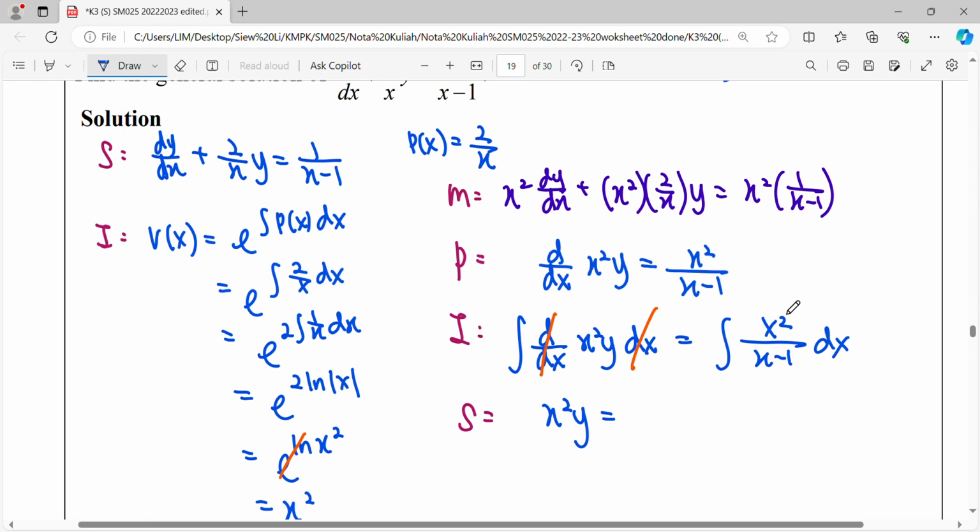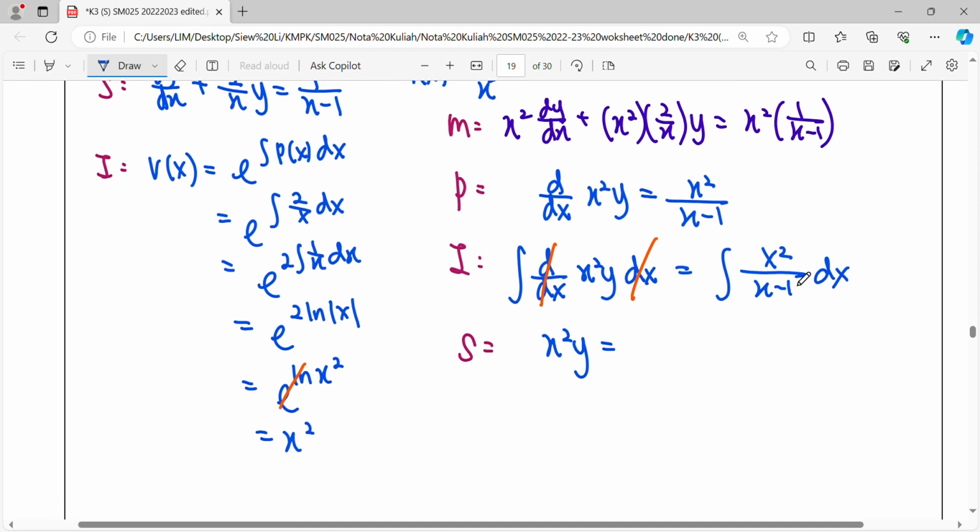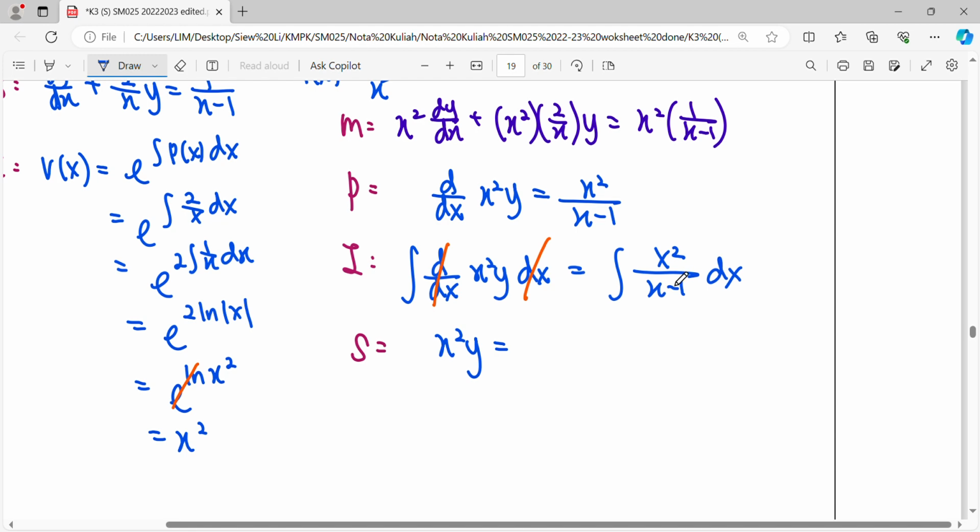So to integrate this, x squared over x minus 1, since our denominator is not one term only, and we notice here our fraction is an improper fraction, it means we can simplify. So to integrate the right hand side, we will simplify using long division, as we have an improper fraction. For x squared divided by x minus 1, what we need is another x, so that we can get x squared.